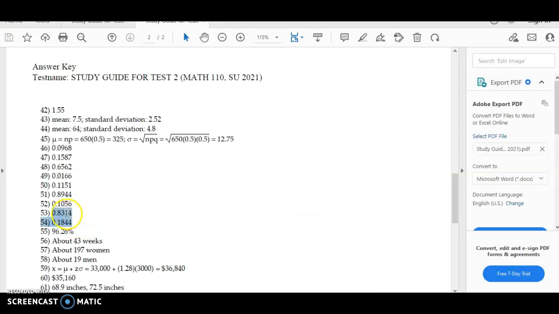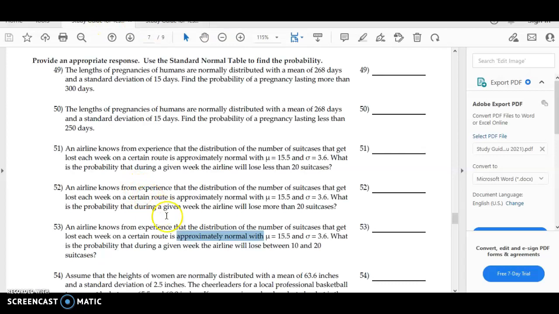So that was number 53. The answer is 0.8314. It's possible that when they got this answer in the study guide for number 53, they used the standard normal table rather than the calculated StatCrunch.